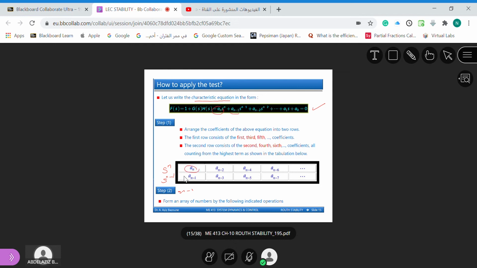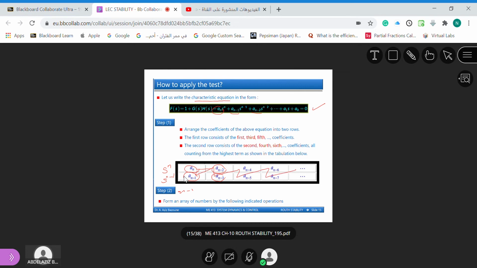Next will be an minus 1 here, next an minus 2, next an minus 3. So you will go like this: an minus 1, an minus 2, an minus 3, an minus 4, an minus 5, an minus 6, until you end with a0.